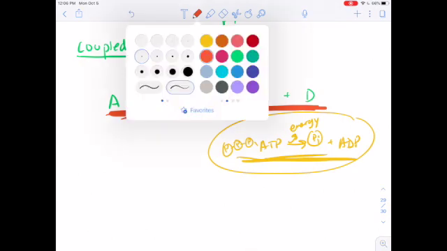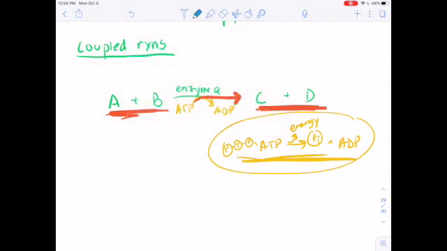So the thing is, A plus B going to C plus D, is this endergonic or exergonic? Is A plus B going to C plus D releasing energy, or is it requiring the input of energy? And if you said it's requiring the input of energy, you are correct, and that would make it endergonic.